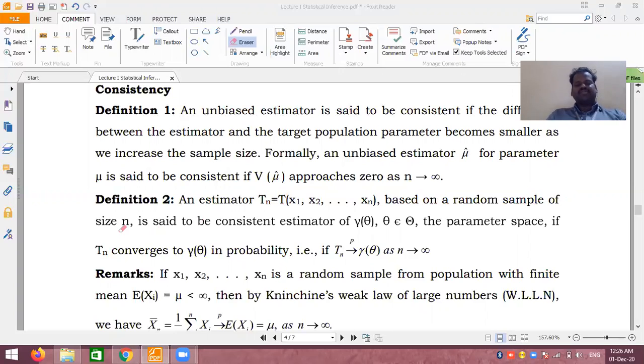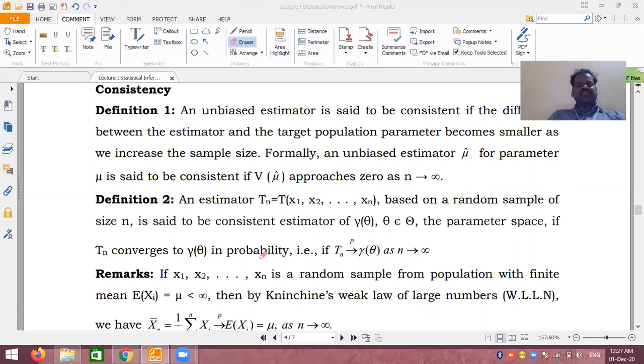This estimator Tn is said to be a consistent estimator of gamma of theta, where the true population parameter theta belongs to the parameter space, if Tn converges to gamma of theta in probability.